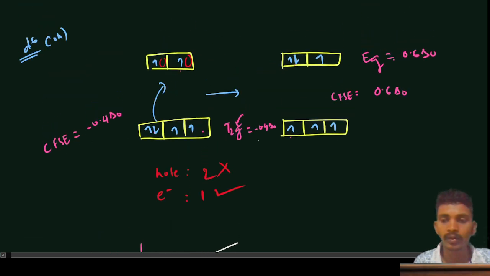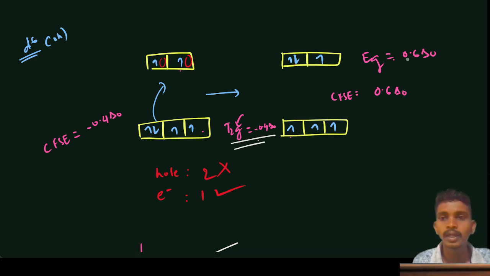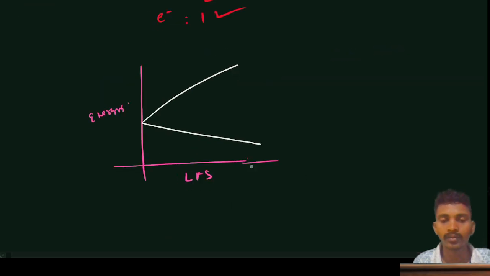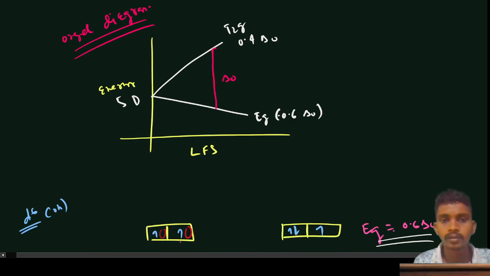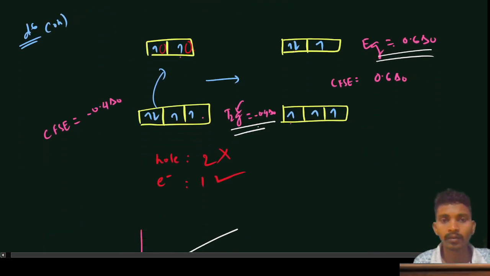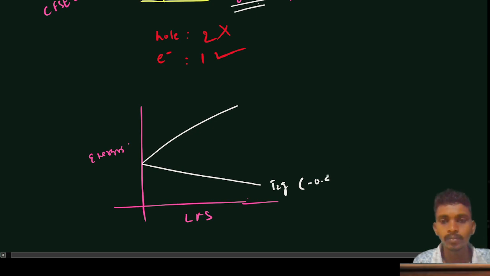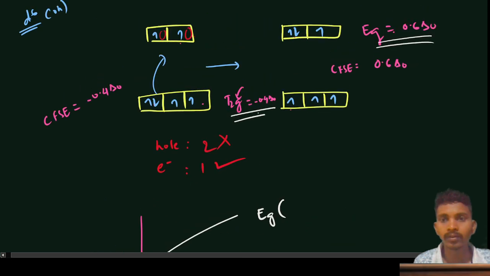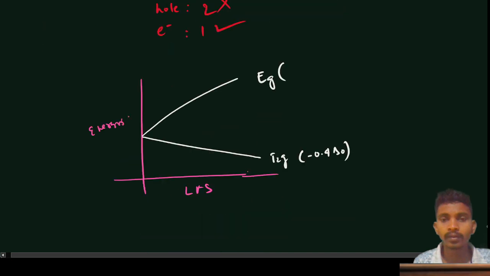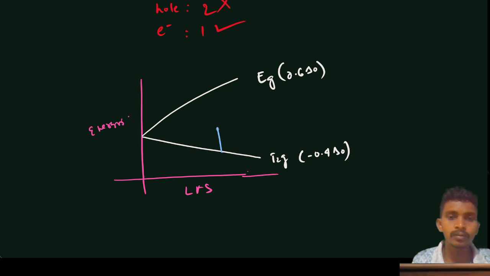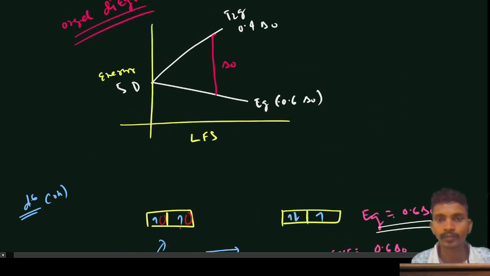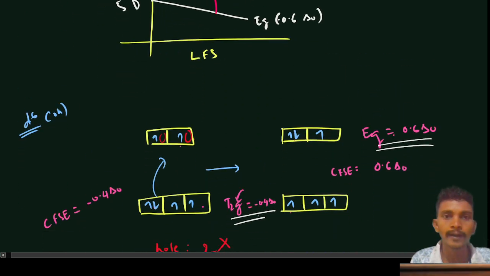The T2g value is less, so T2g is at minus 0.4 delta naught, and here Eg, and its value comes to be 0.6 delta naught. So the electron transition is from here to here, from T2g to Eg.